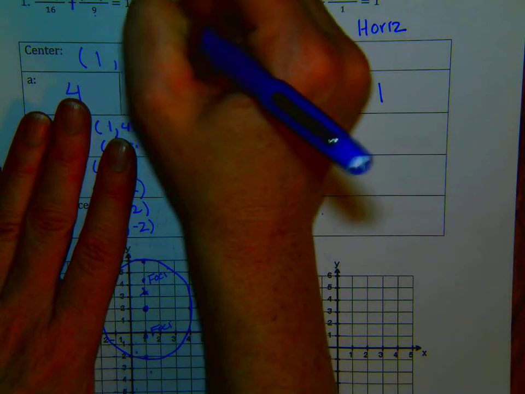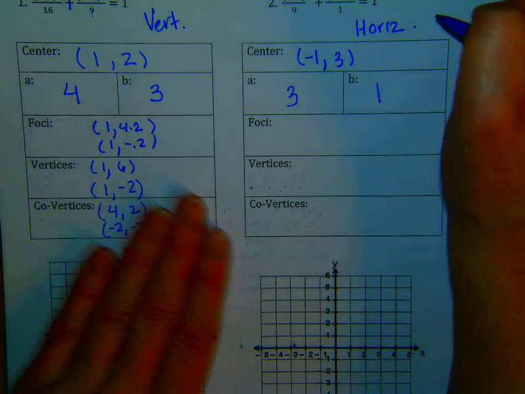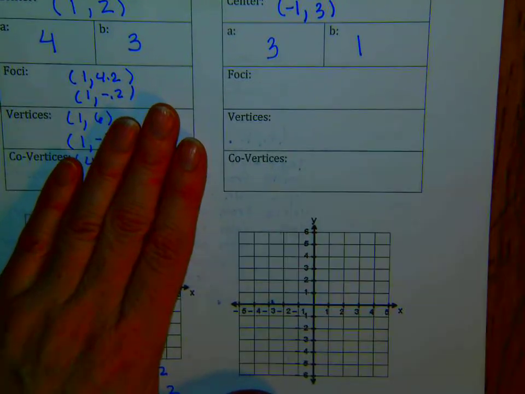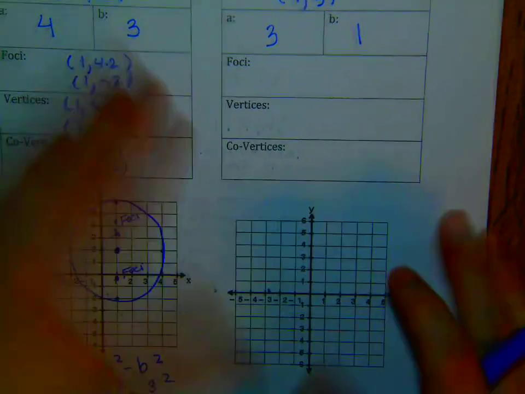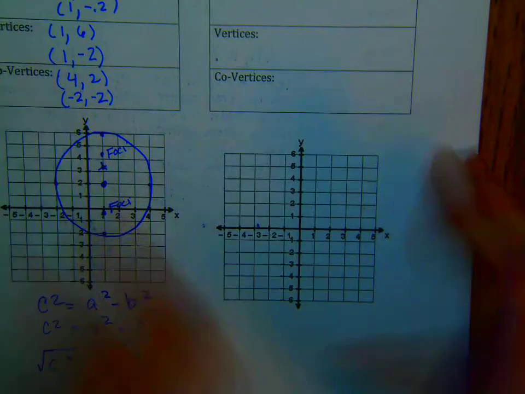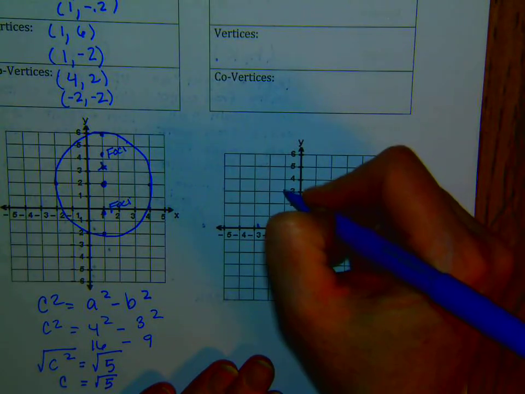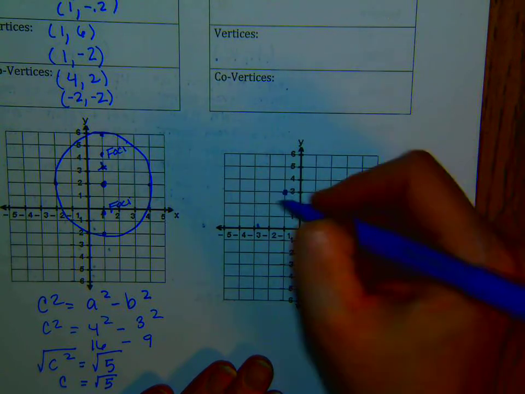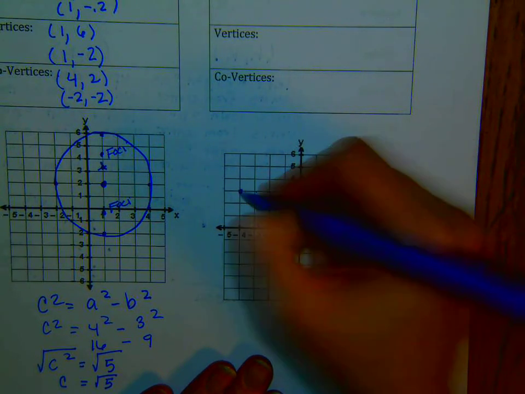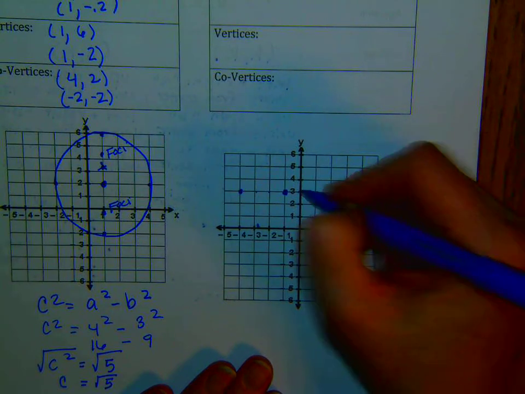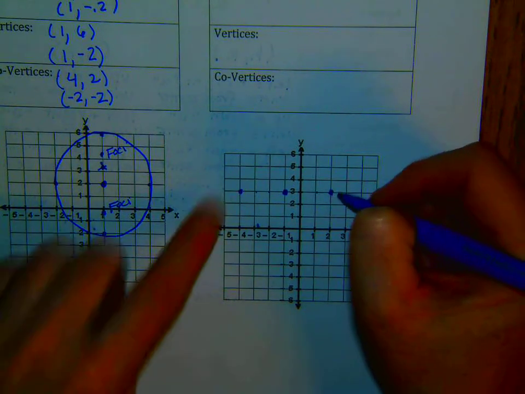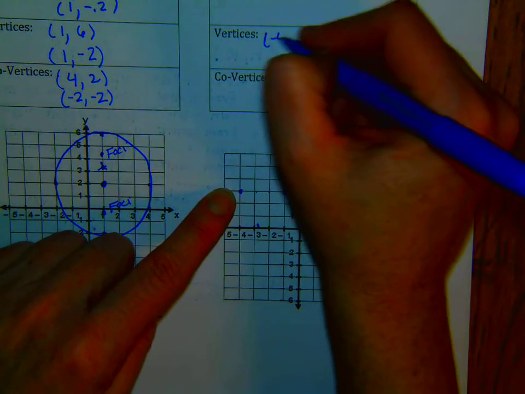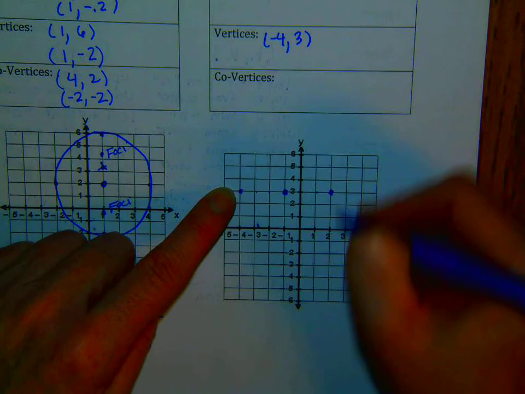Okay, let's start with the vertices. The vertices are best figured out if we graph. Let's start with the center, negative 1, 3. There's our center. Let's start with a. We're going on the x-axis, 1, 2, 3. So our vertices are going to be negative 4, 3 and 2, 3.